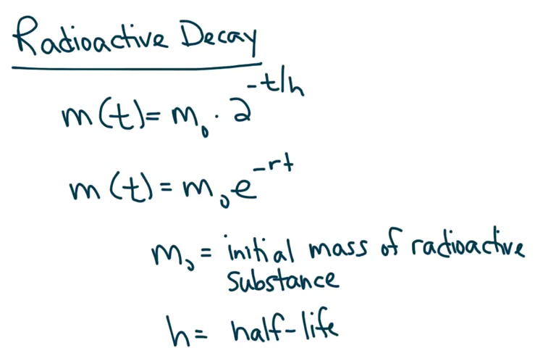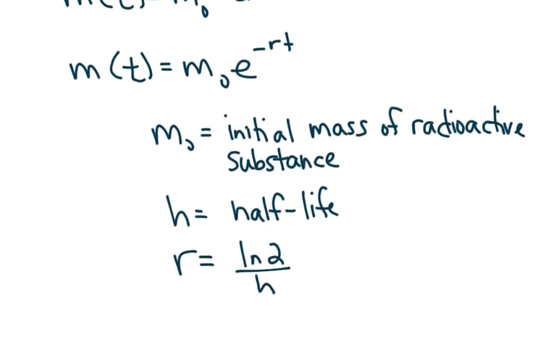Now I can put it in log form. So the natural log of 2/3 is going to equal negative 0.00495 t. And I'm going to divide the natural log of 2/3 by negative 0.00495. And I'm going to get approximately 81.9. And the unit of measurement is days.